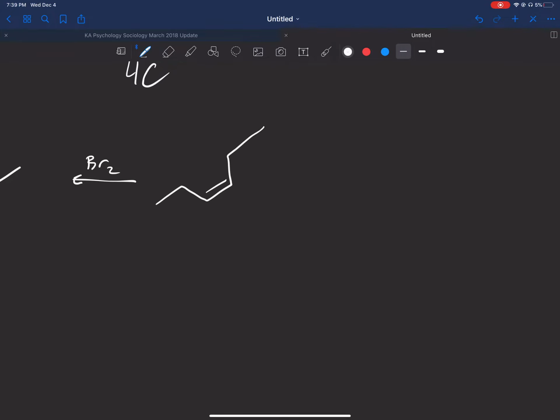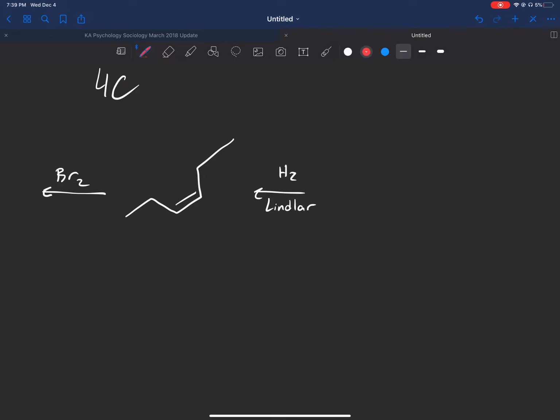So now we have this alkene and we want to go backwards, right? So we know how we can create double bonds, right? We know how we can create cis double bonds selectively. That's going to be H2 over Lindlar. So let's count our carbons first. 1, 2, 3, 4, 5, 6. 6 carbons.